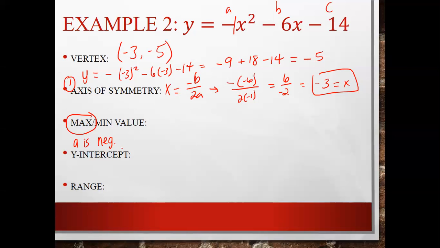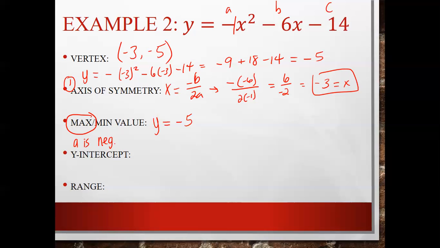Okay. So A is negative. So we have a maximum value, and our value is just asking for what? And what is our y? Negative 5. So our maximum value is y equals negative 5.